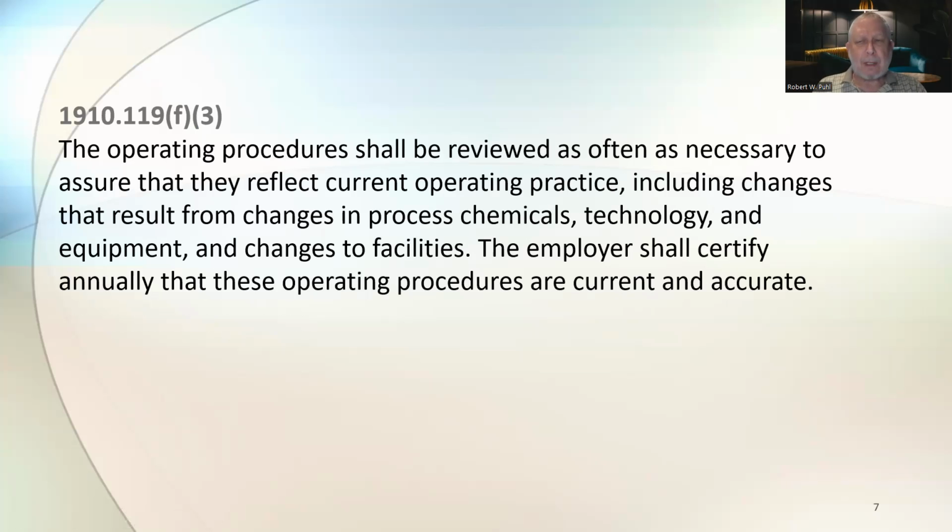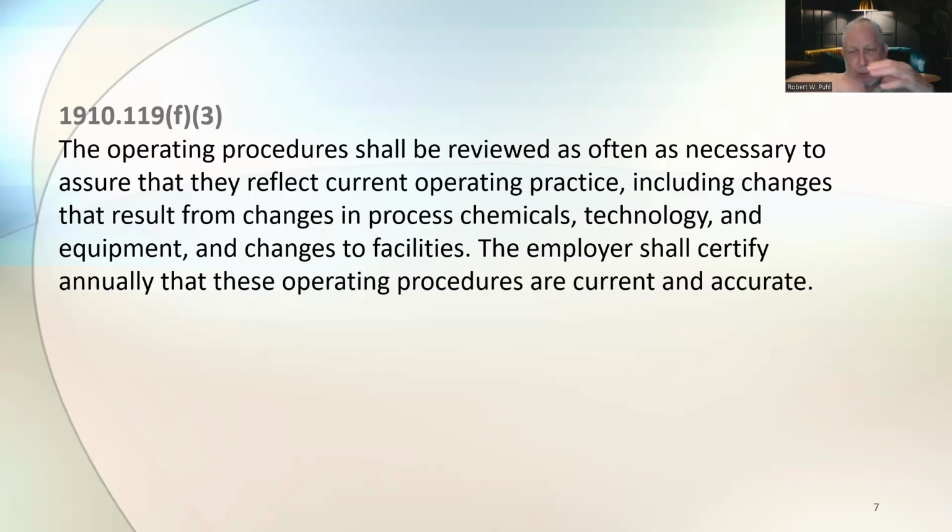Now, this is a little different than a lot of other things. They say you have to do something annually, real common in OSHA. But in this particular thing, they have to be reviewed as often as necessary to assure that they reflect current practice, including any changes you make. Reviewed as often as necessary. But they have to be certified annually that these operating procedures are current and accurate.